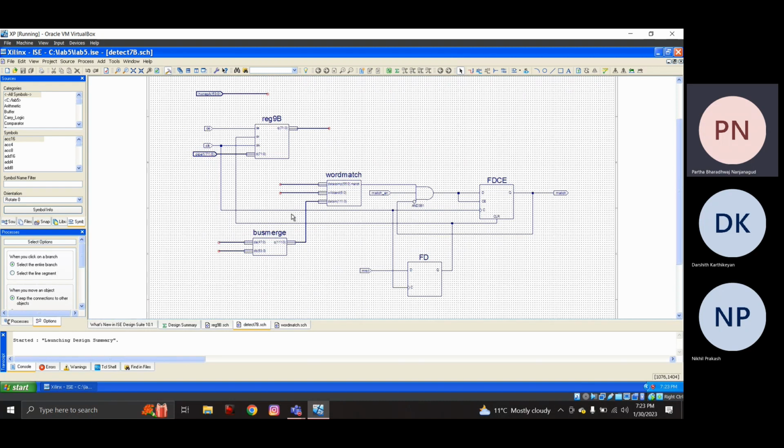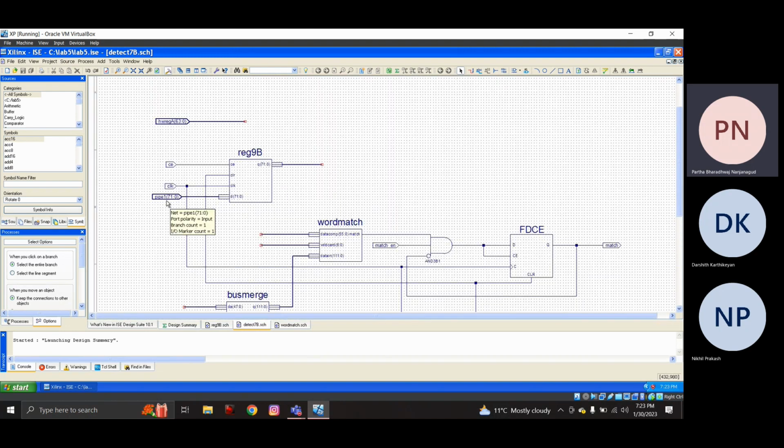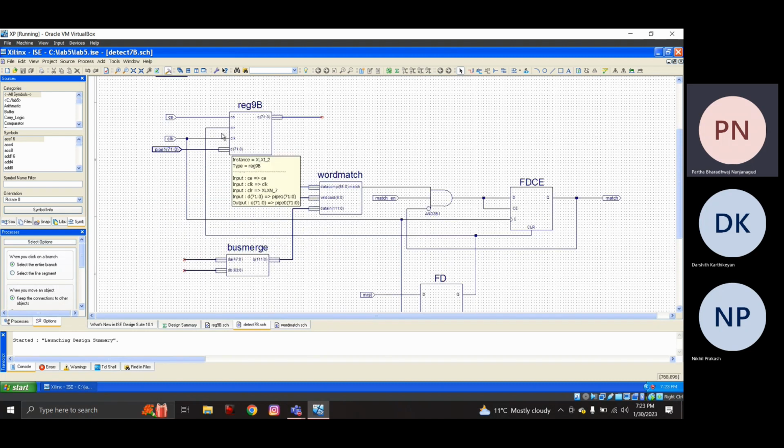Now everything we have covered is put into one schematic, and I'll explain the working right now. As you can see, there is a 9-byte input to this particular register. This register provides its output to the word match.